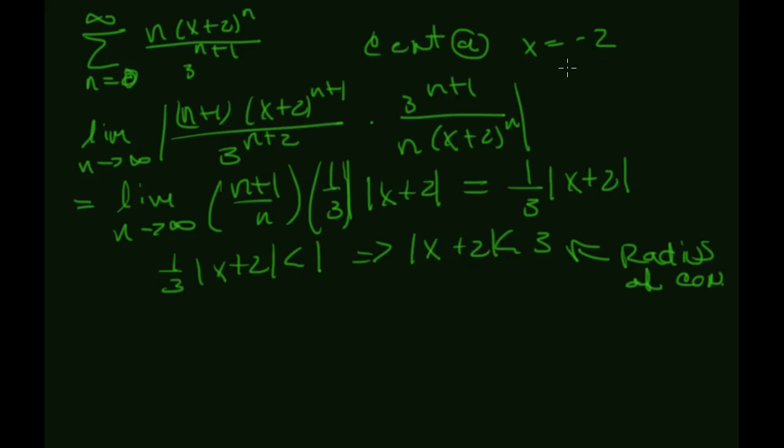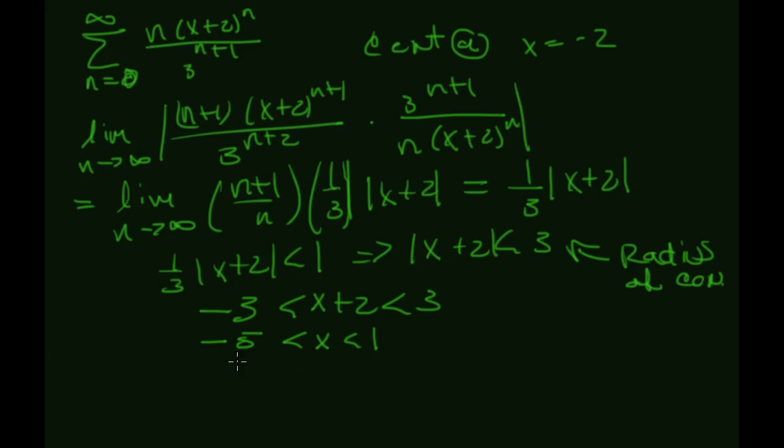I'm going to go 3 to the left, which puts me at negative 5. I'm going to go 3 to the right, which puts me at positive 1. We're going to see that play out right here. So it's negative 3 is less than x plus 2 is less than 3. Subtract 2 from everything, so negative 5 is less than x is less than 1. So I'm guaranteed convergence on that.